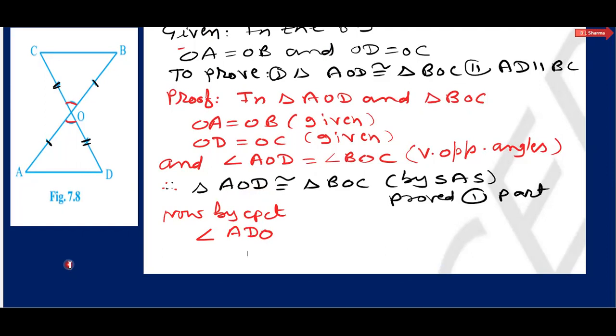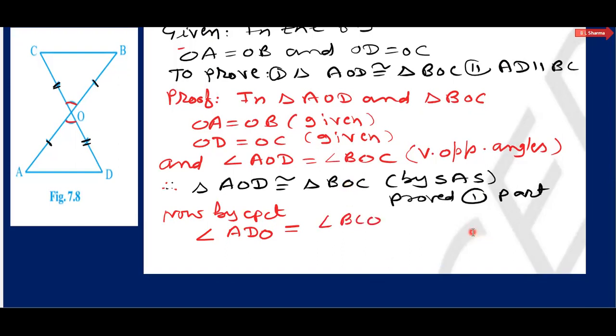In a triangle, there are 6 corresponding parts, 3 sides and 3 angles. So that is equal to, see here, first ADO. Similarly, we have to write first, third, second, angle BCO, that is by CPCT.